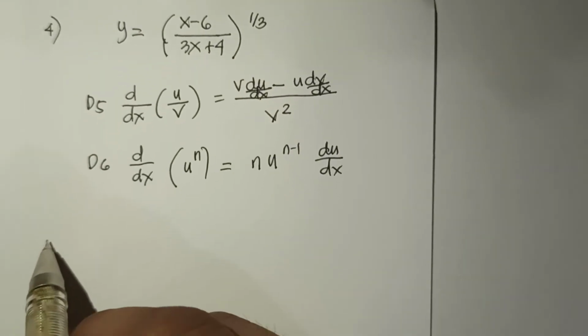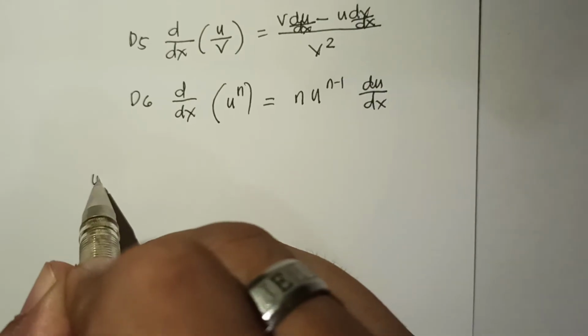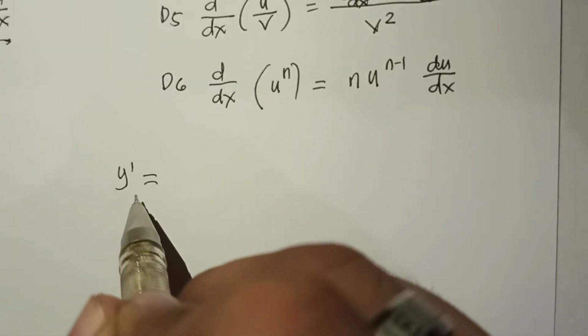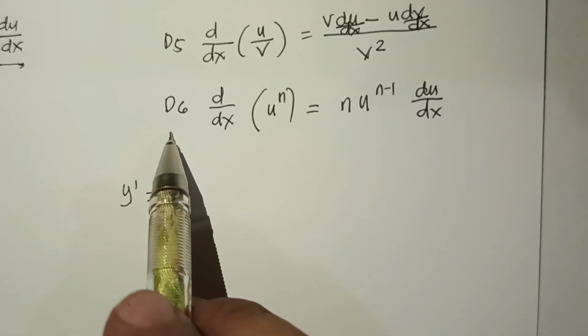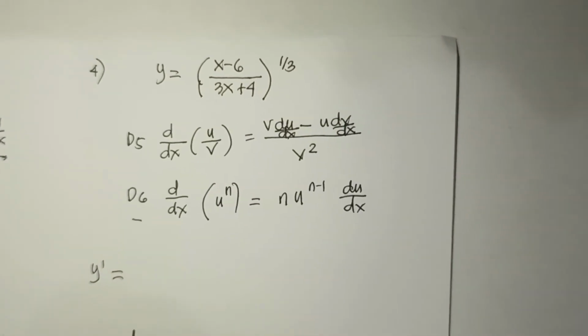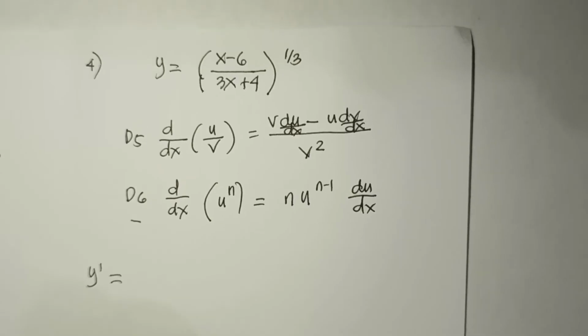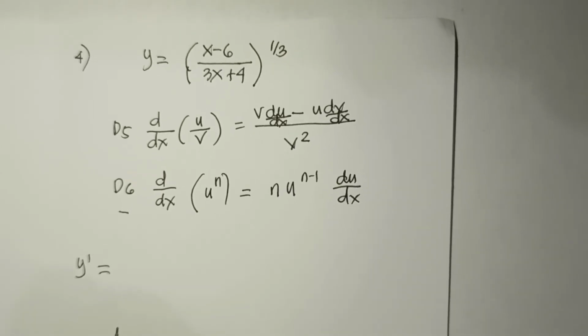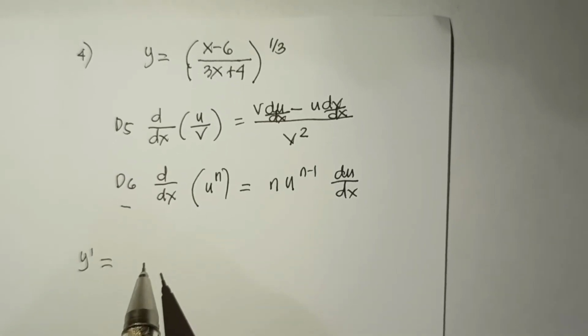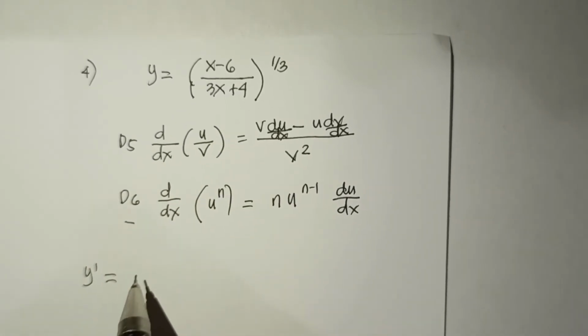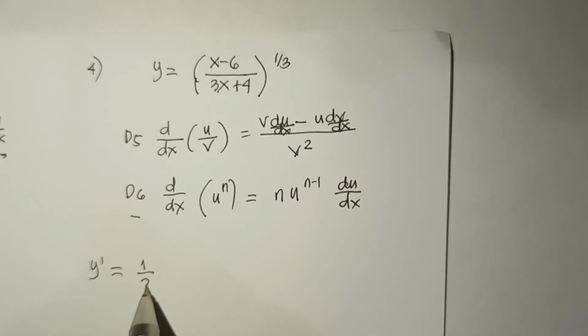So first, we find the first derivative of y. In finding the first derivative of y, we have to follow D6 first, because this is in a power form of derivative. Okay, derivative of a power. So therefore we have 1/3, di ba?